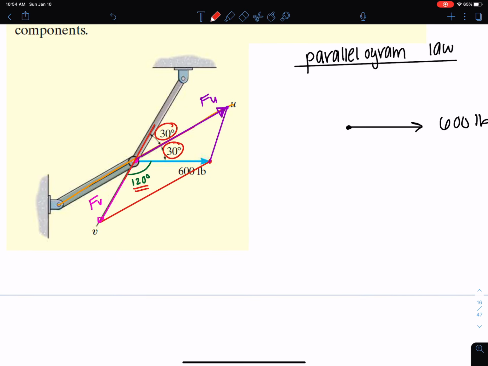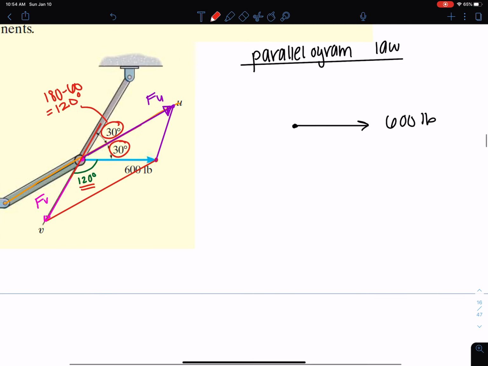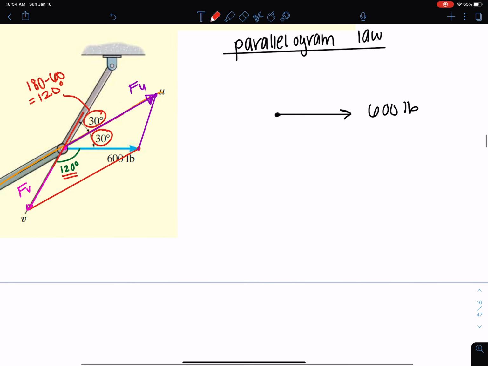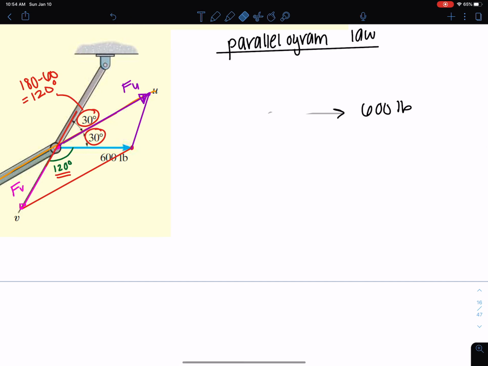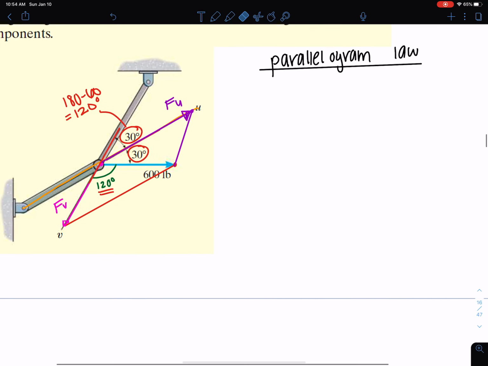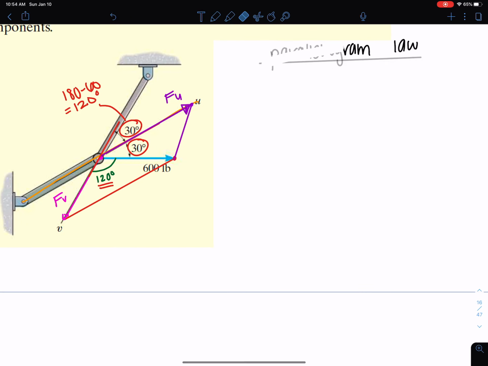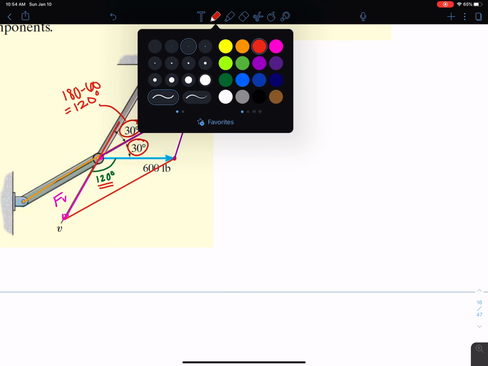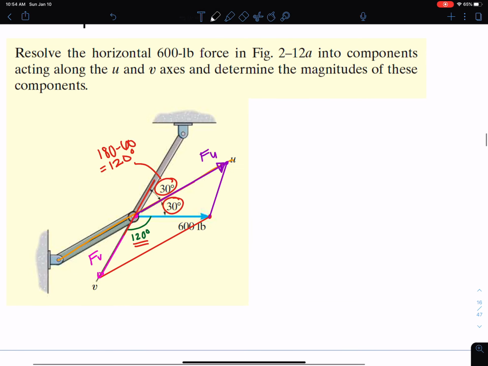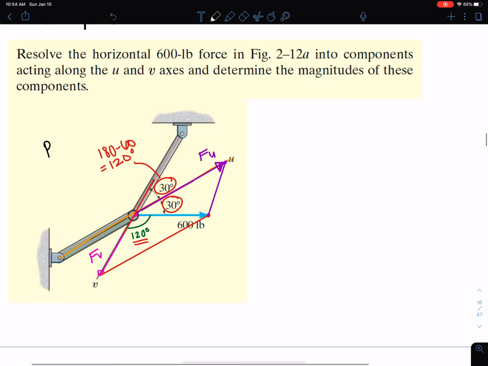So 180 minus 60 is 120 degrees. That's how I got that. Now I have everything I need to solve this. That's the parallelogram law.